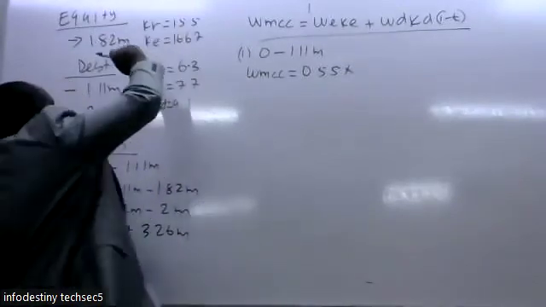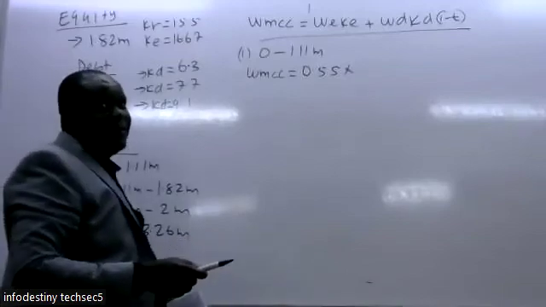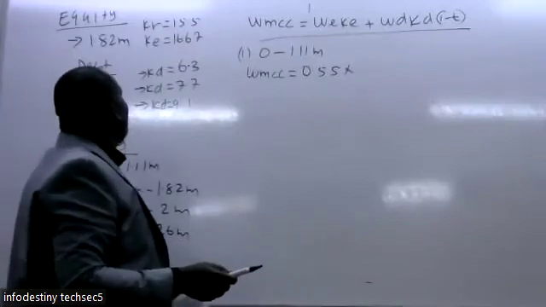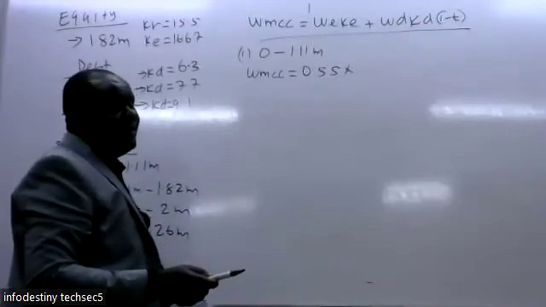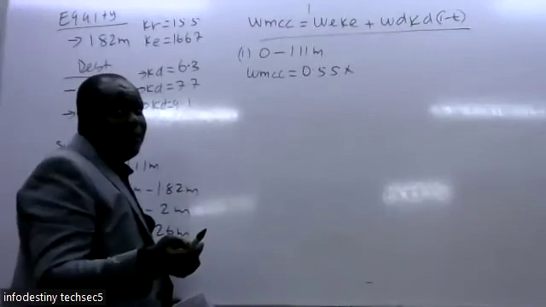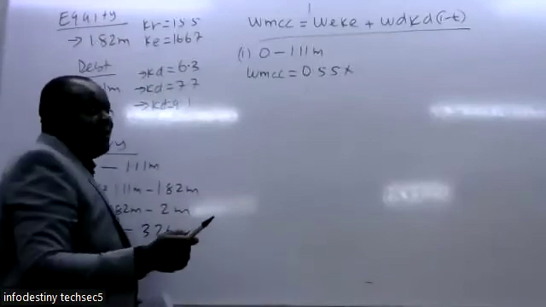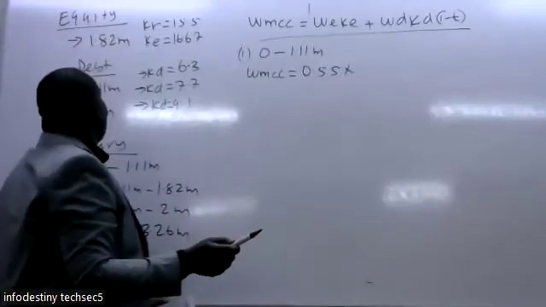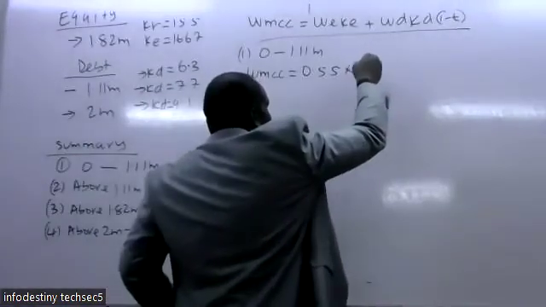Anything above 1.82, we use 16.67. Here we are from 0 to 1.1, so we use the 15.5, since we are below 1.82. So under equity, anything below 1.82, we use 15.5.